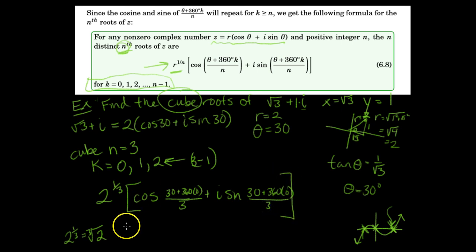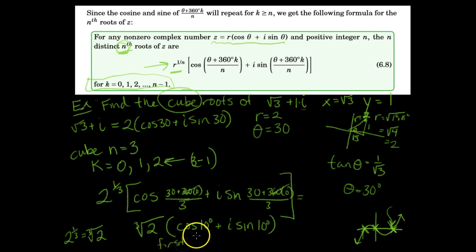If you clean this up, this is equivalent to the cube root of 2 times the quantity cosine. Now this goes away, both of these, because it's times 0. 30 over 3 is 10 degrees, plus i sine of 10 degrees. So I just found my first root.